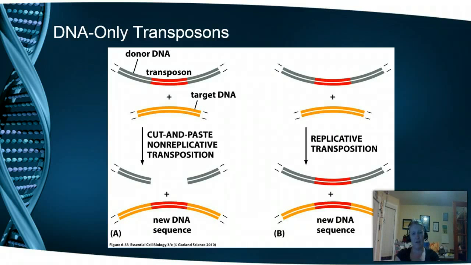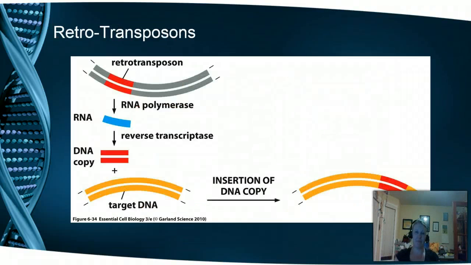If it inserts itself into the middle of a specific gene, it could cause a frame shift change or even just nonsense coding, and this could cause a significant problem for the cell. So just remember, it could be a silent mutation where it just jumps without a problem, or it could cause a big problem for the cell, just like any other mutation we've talked about.